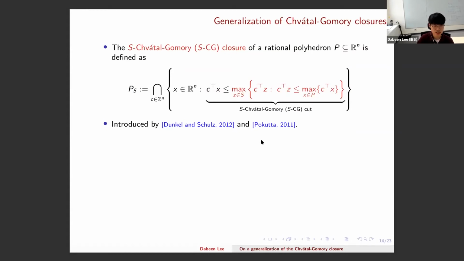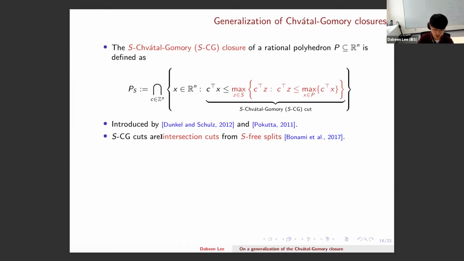I'd like to mention that S-CG cuts are somehow intersection cuts from what are called S-free splits. These S-free splits were introduced by Bonami, Tramontani, Lodi, and Wiese. This is an IPCO 2017 paper.